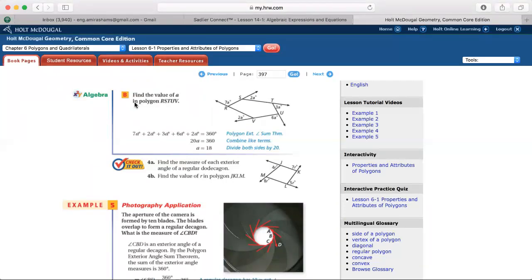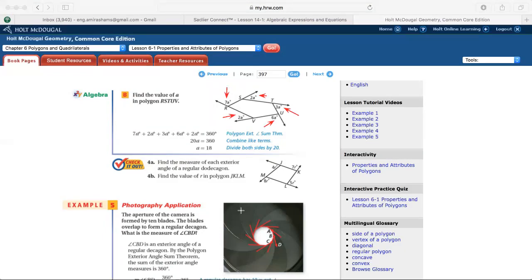Find the value of A in polygon RSTUV. They want to find the value of A. So A is in all the exterior angles. So I will write 7A plus 2A plus 3A plus 6A plus 2A is equal to 360.